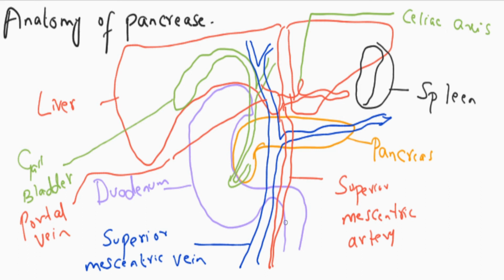These are blood vessels like superior mesenteric vein, superior mesenteric artery, celiac axis and portal vein. They supply blood to pancreas and other abdomen organs.